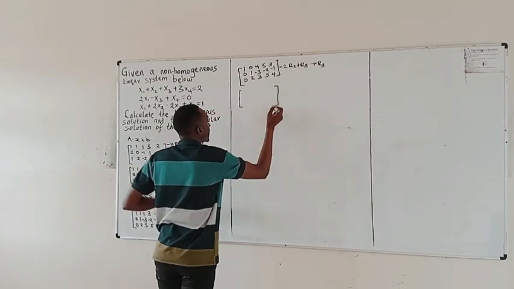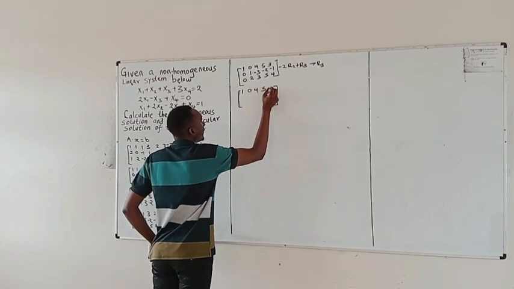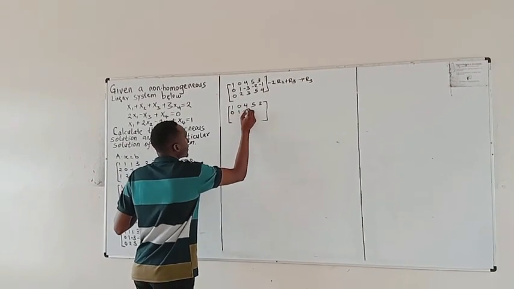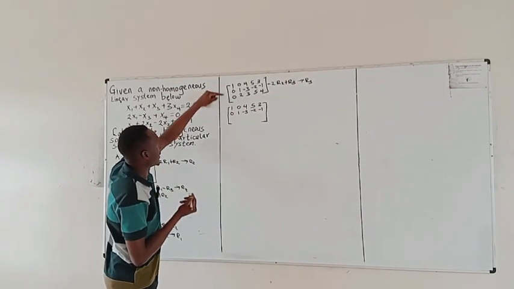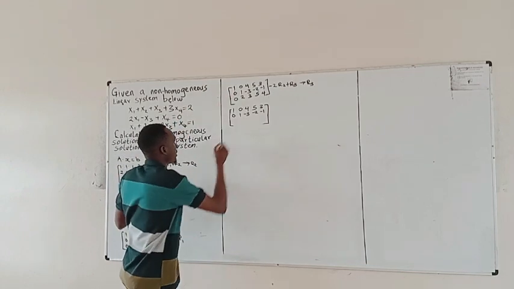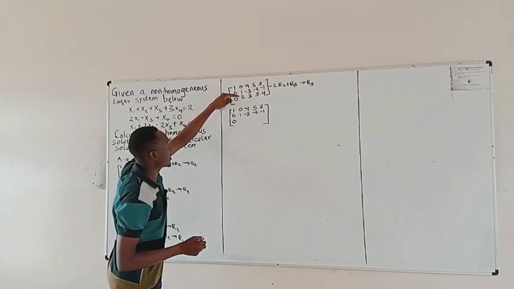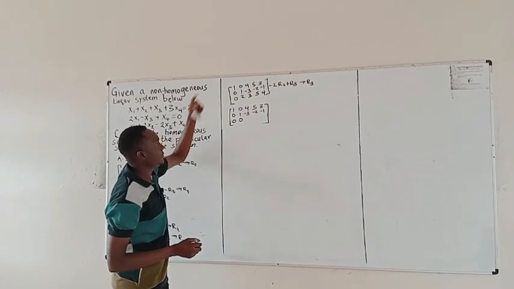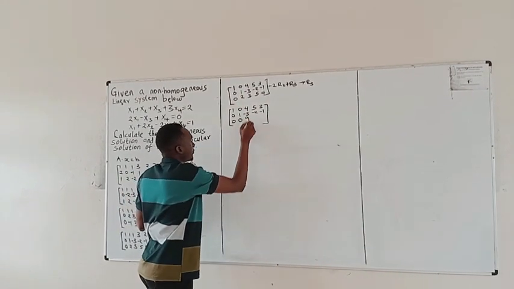So we maintain row 1 and row 2; row 1 is 1, 0, 4, 5, 3. Row 2 is 0, 1, minus 3, minus 2, minus 1. So for our row 3: minus 2 times 0 is 0, 0 plus 0 is just 0. Minus 2 times 1 is minus 2. Minus 2 plus 2 is 0. Minus 2 times minus 3 is positive 6. 6 plus 3 is 9.